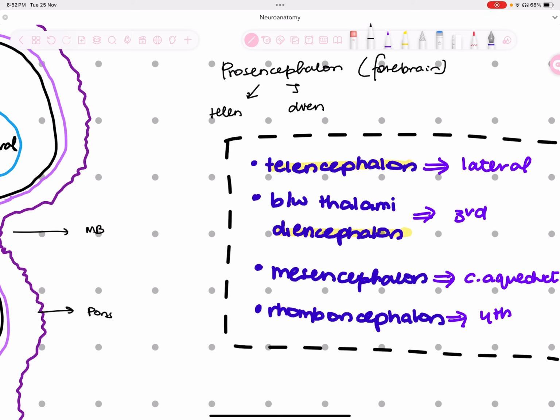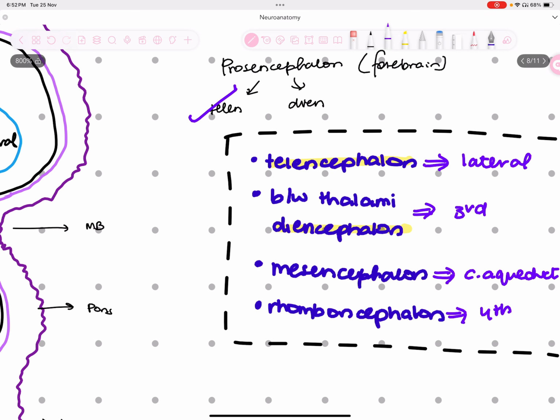The telencephalon comprises the cerebral hemispheres, so that's where your lateral ventricle is located. The diencephalon comprises the internal structures of your forebrain, for example, thalamus and hypothalamus. So in the diencephalon, between the thalami, you have the third ventricle. In the telencephalon, you have the lateral ventricle.